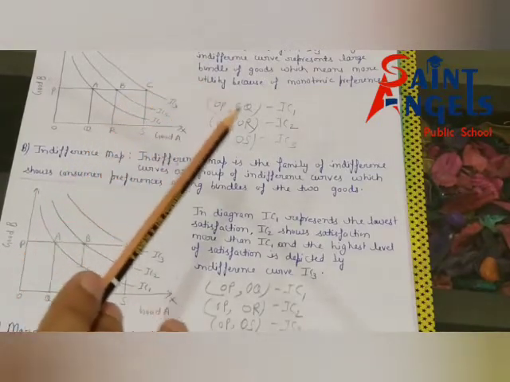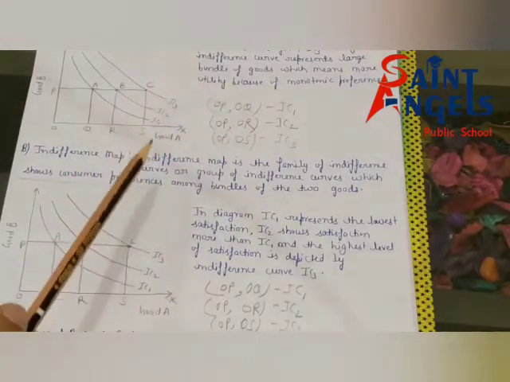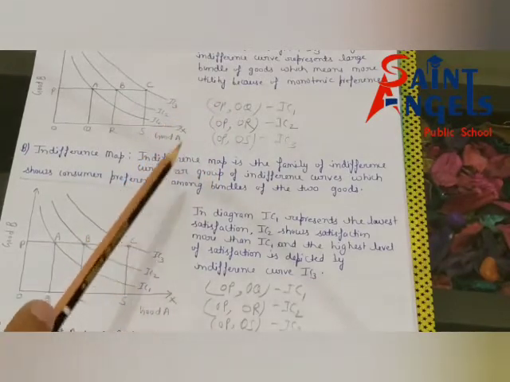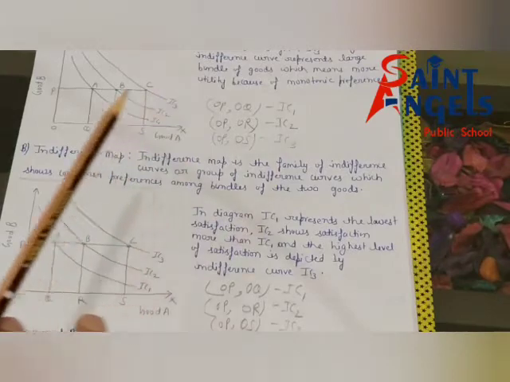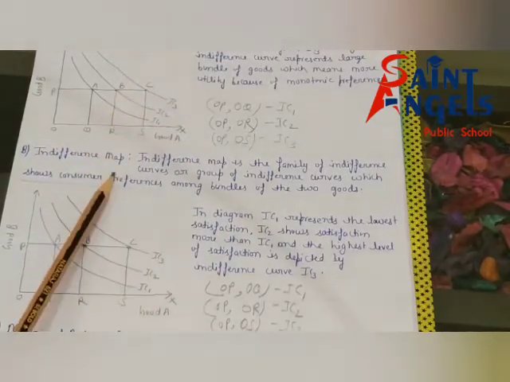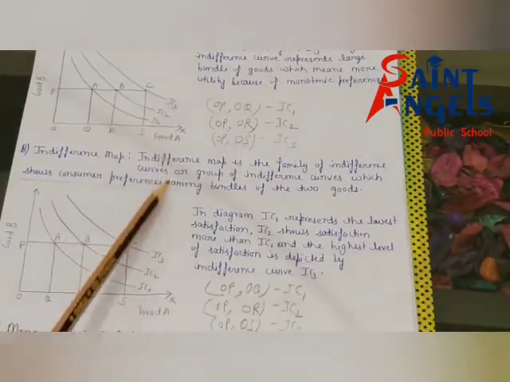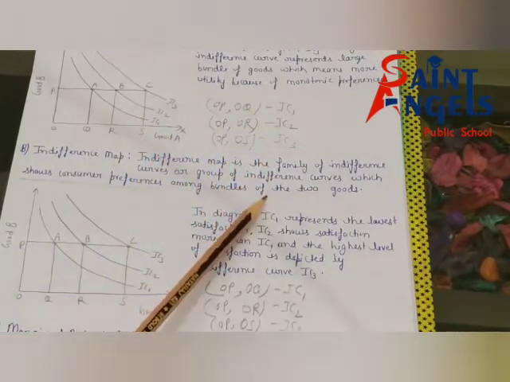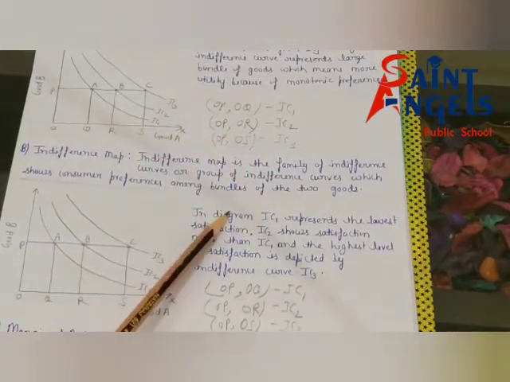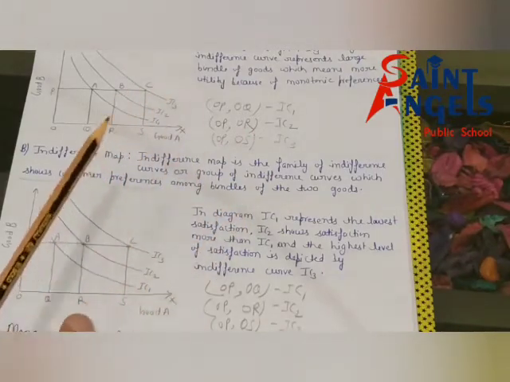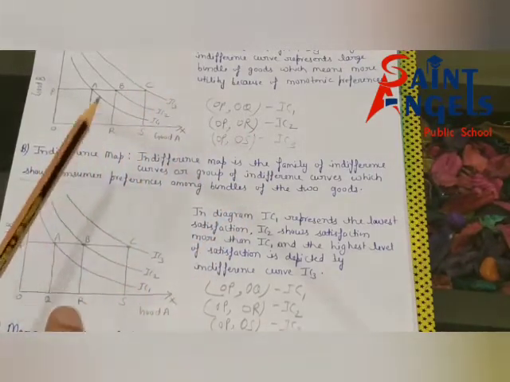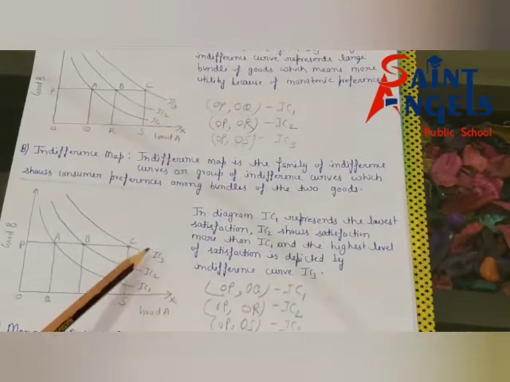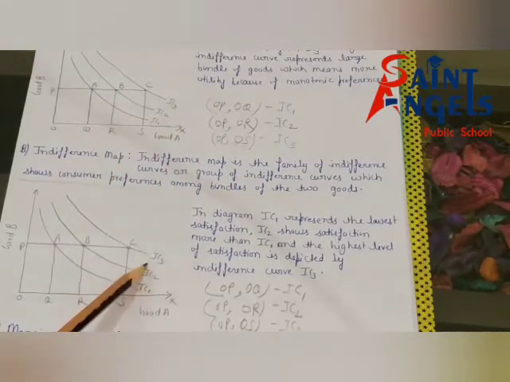Why does a higher IC give a higher level of satisfaction? I hope all of you have understood the meaning of the question. The question is asking, define indifference map, and why does a higher IC give a higher level of satisfaction?